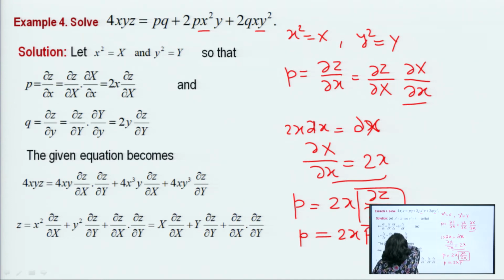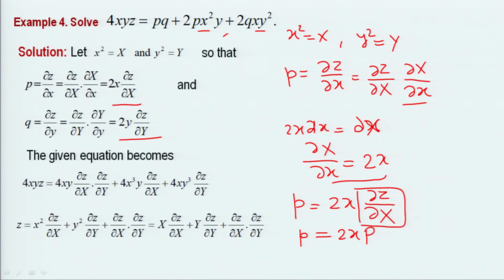And in a similar way we find the value of q in the form of 2y capital Q, and put the value of p and q in this equation. In the equation we get 4xyz. That means pq is 2x 2y, that is 4xy del z upon del x and del z upon del y.